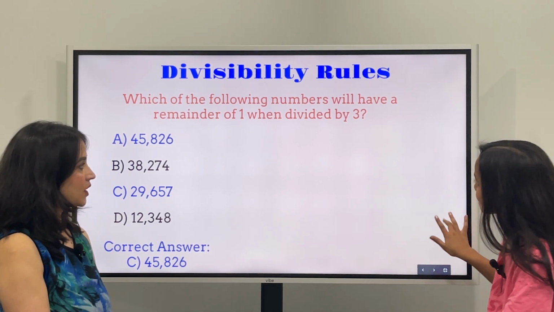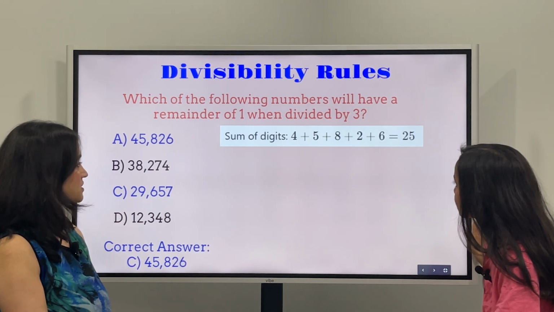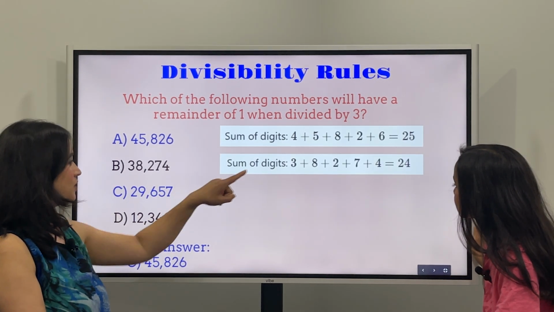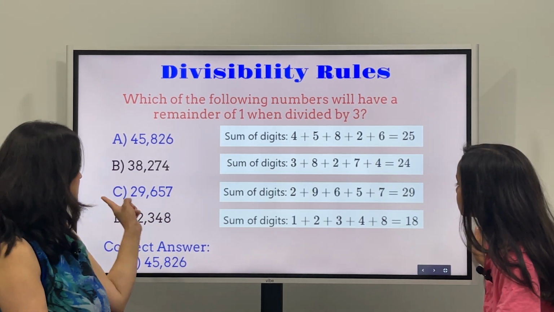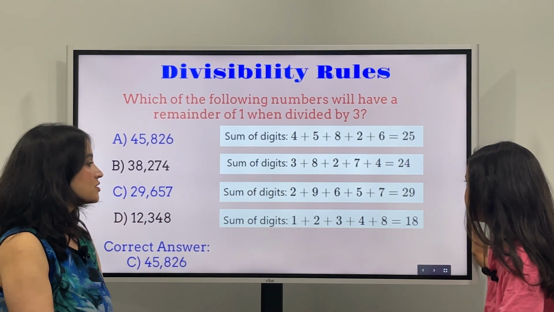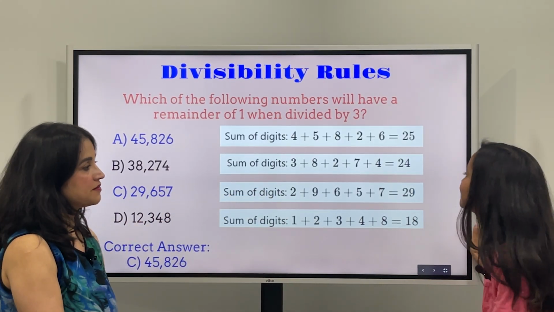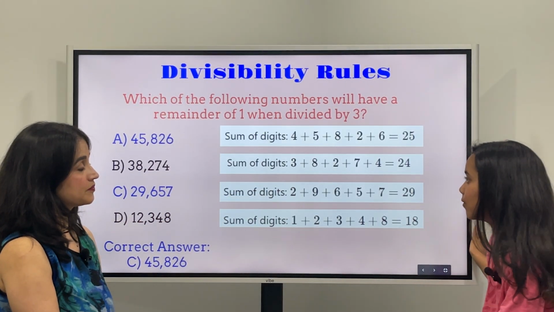Okay. So the sum of this one's digits is 25. Next, B will be 24. C will be 29 and D will be 18. So 25 divided by 3 will be what, Lina?